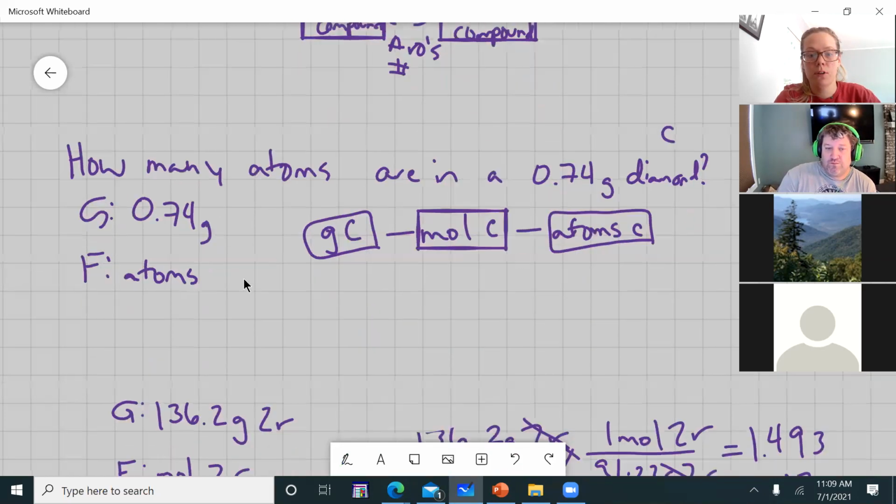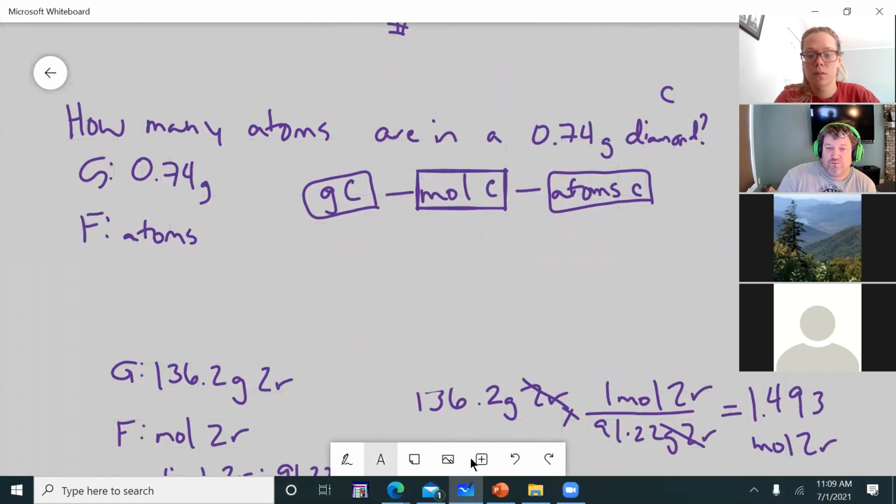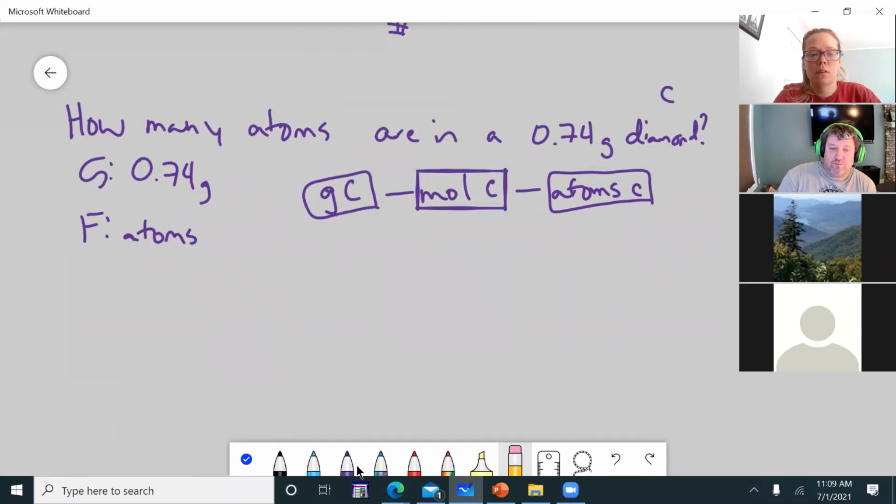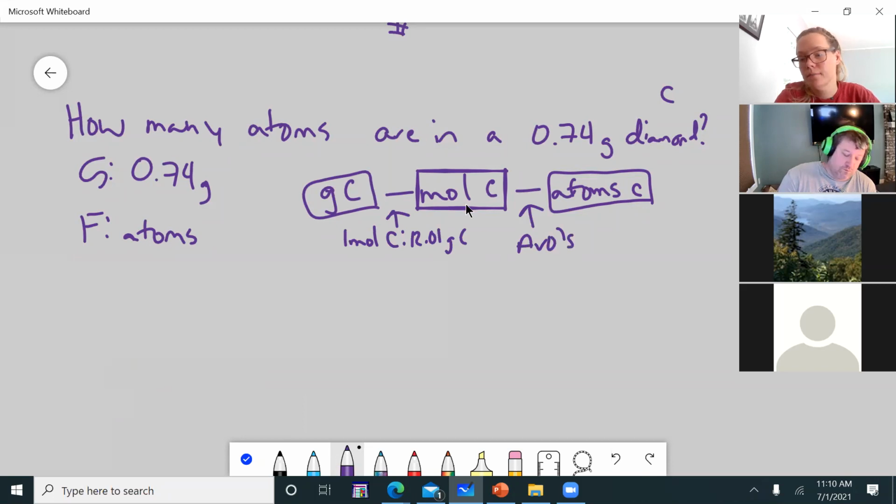The first thing, going from grams to moles, is to use the molar mass. 1 mole of carbon is 12.01 grams of carbon. And then for the second step, we'd use Avogadro's number, which is the same no matter what we're dealing with.